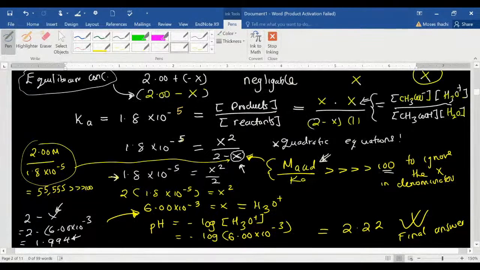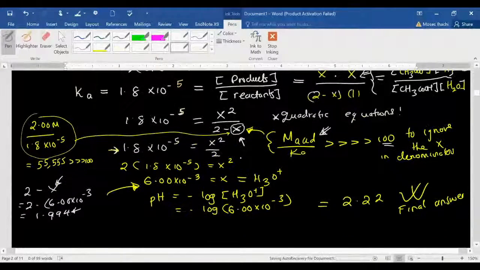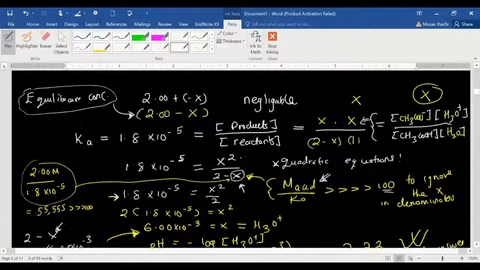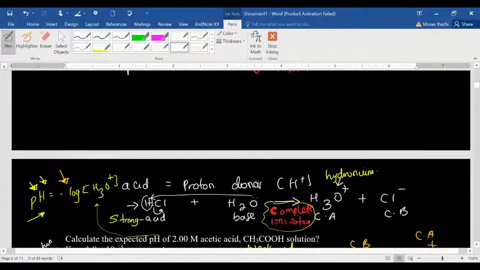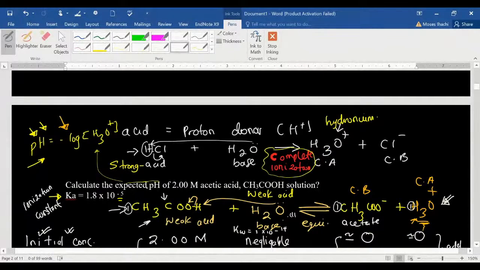So we have just answered this problem where you are required to calculate the pH of 2 molar acetic acid, which is a weak acid. If it was a strong acid like HCl, if I was to find the pH of 2 molar HCl, I would go directly and just put 2 there and find my answer, because this is a strong acid.